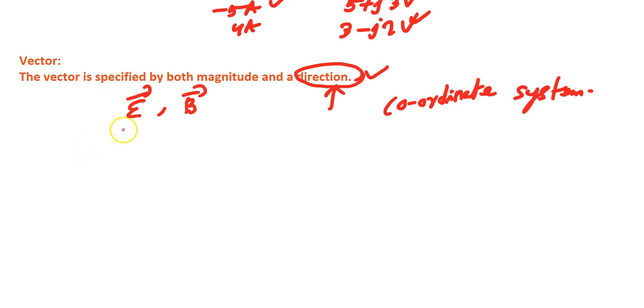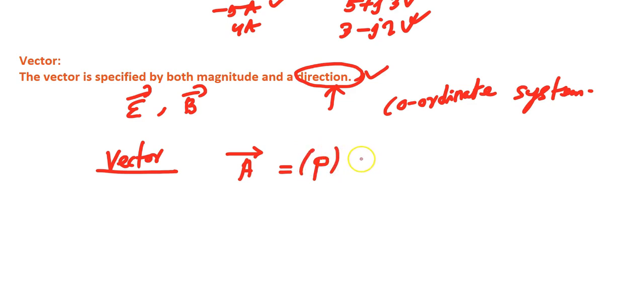A vector A can be written as, let us say we want to represent a vector. So a vector is represented as this arrow. This is the representation of a vector, equal to a magnitude, which is a scalar, and a unit direction, or you can say a unit vector along this vector.